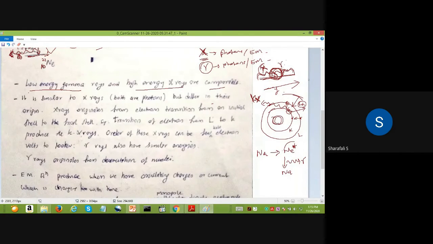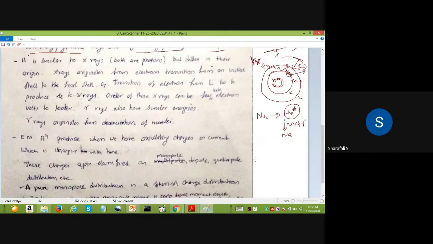So de-excitation of the nucleus will give you gamma radiation, but excitation and de-excitation of electrons will give you X-rays. One is through electrons, and the other is through the nucleus. So they differ by their origin, even though they are photons, or electromagnetic radiation.